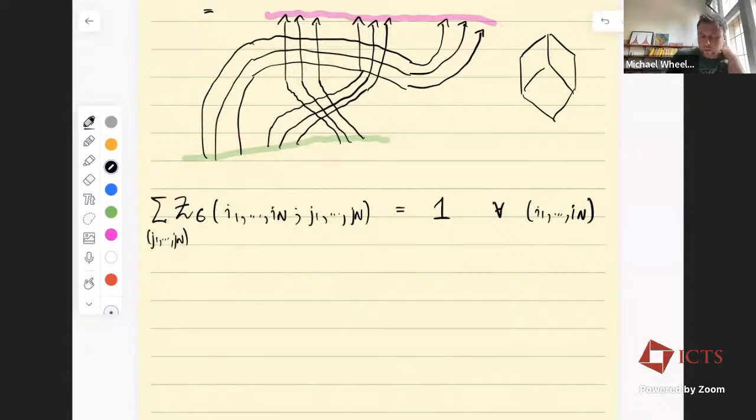Okay. So this is just a consequence of the stochasticity of the model.